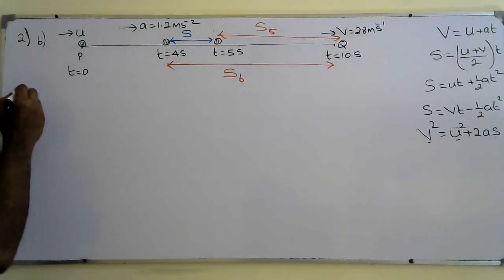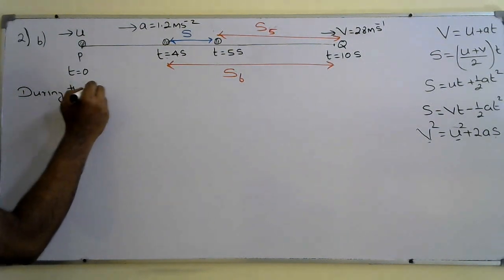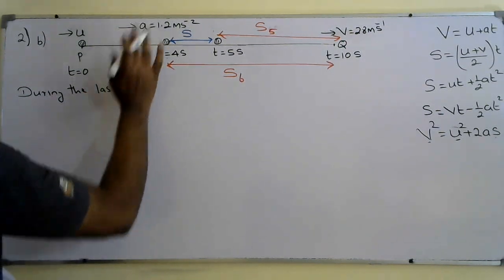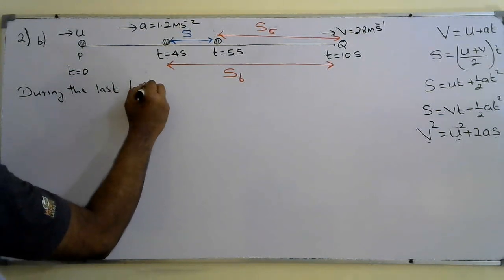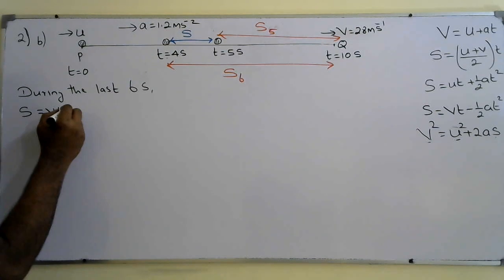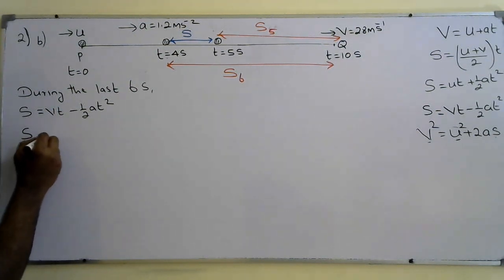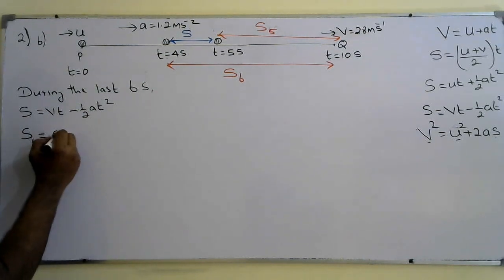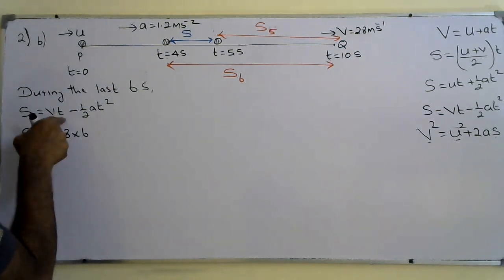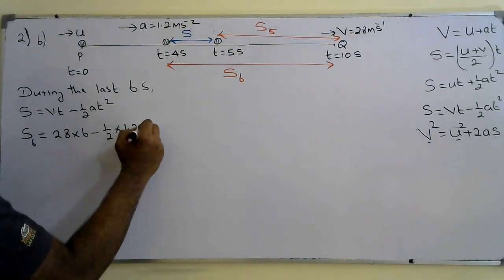Okay, so I can say during the last 6 seconds, for S6 I will use S equal to vt minus half at square. That is S6 equal to final speed 28 times 6, during the time t of 6, minus half into a, 1.2, into 6 square.